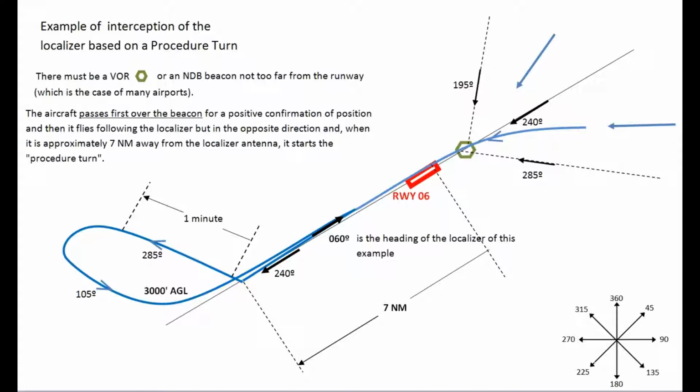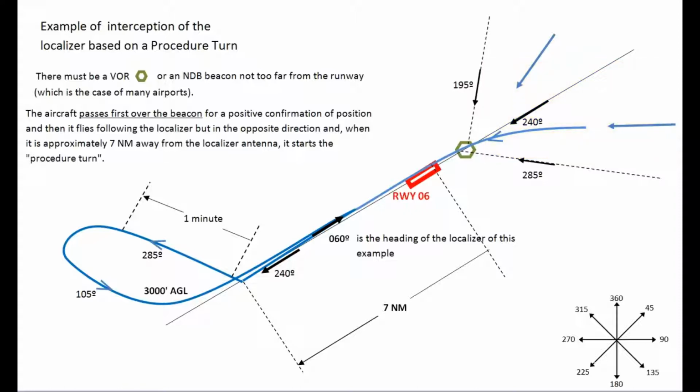This example procedure turn approach is recommended when your route is such that you arrive to that VOR or NDB with a heading that differs no more than, say, 45 degrees from the course opposite to that of the localizer of the landing runway.